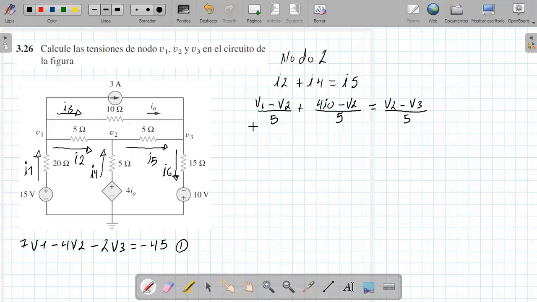Okay, I'm going to start separating them. I have here V1 over 5 minus V2 over 5 plus 4 I0 minus V2 over 5 equals V2 over 5 minus V3 over 5.